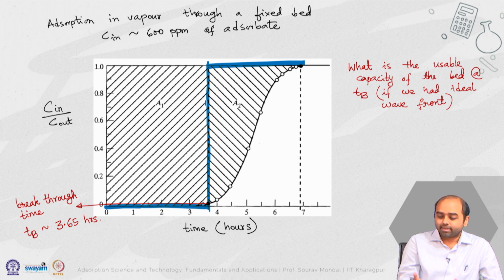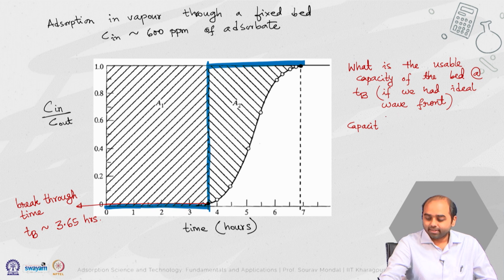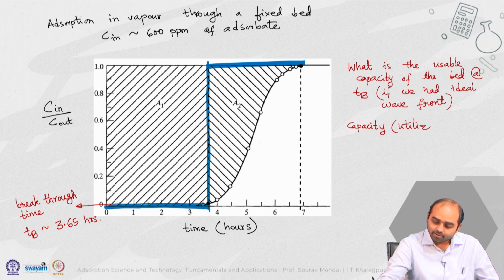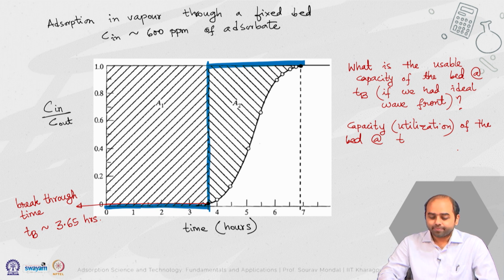So in that case, if you see here, the total capacity of the bed, or the utilization of the bed at any time t, is represented by the area of the curve with respect to the time.